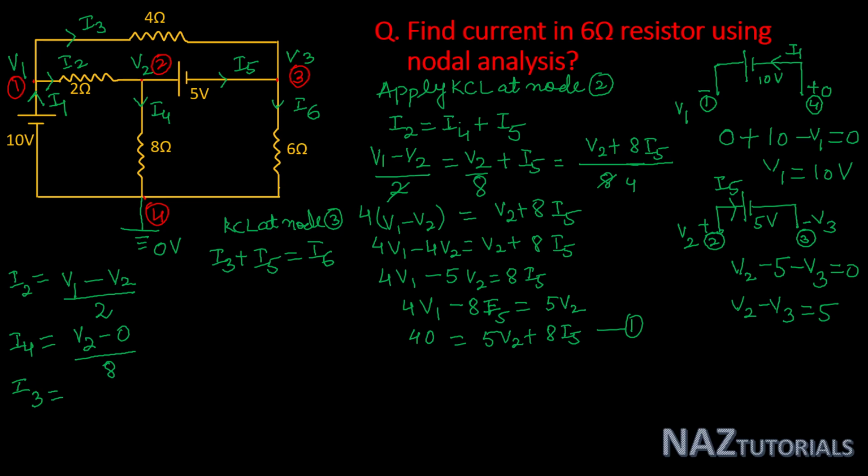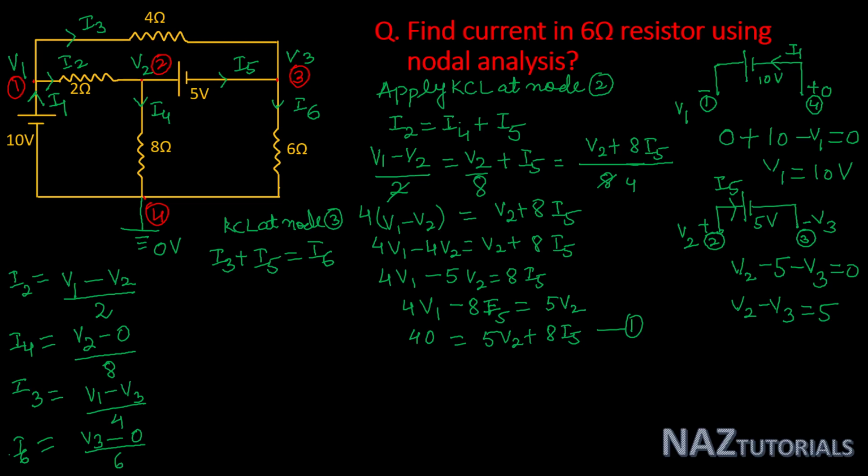I3 is flowing from node 1 to node 3, that is V1 minus V3 divided by 4, and I6 is flowing from node 3 to node 4. That is V3 minus node 4 voltage, which is 0 volt, divided by 6 ohm.